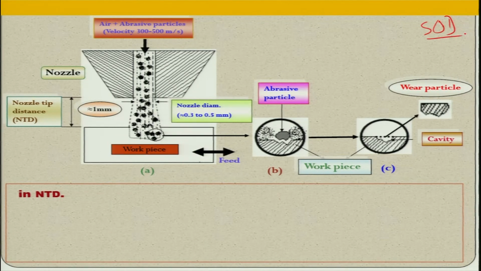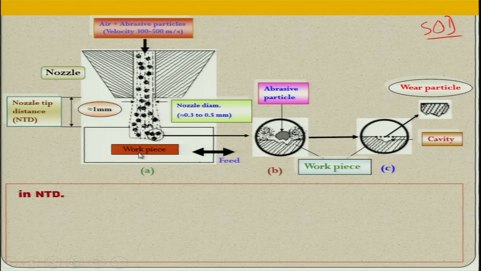You can call it SOD or NTD, and this is very important, as we will see that as this SOD keeps on increasing, the shape of this abrasive air jet keeps on changing, and that will affect the shape and size being machined on the workpiece.